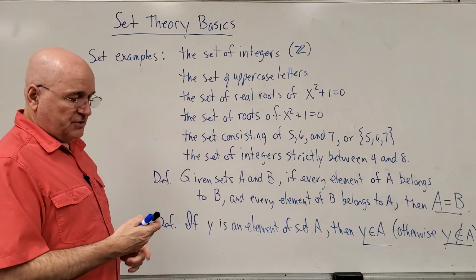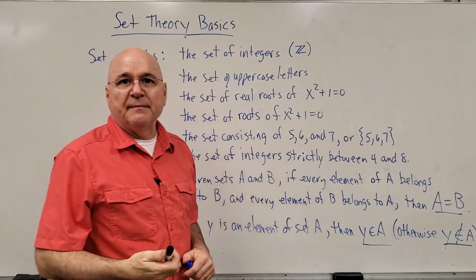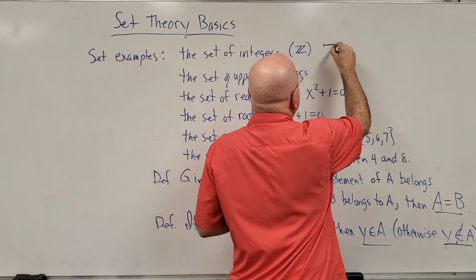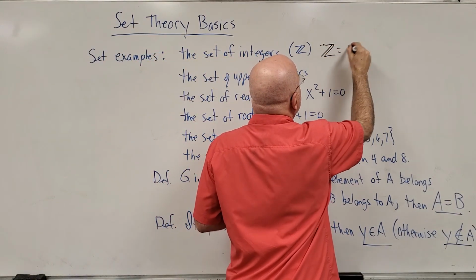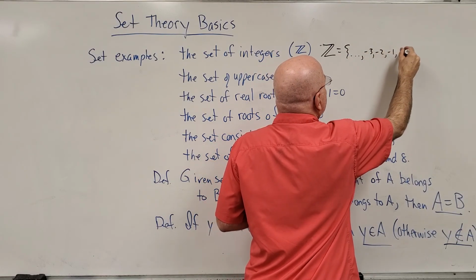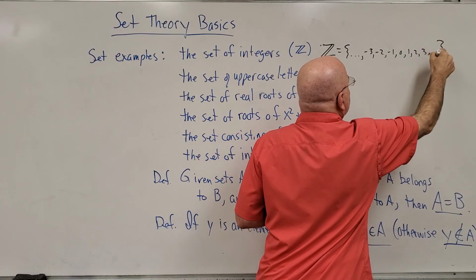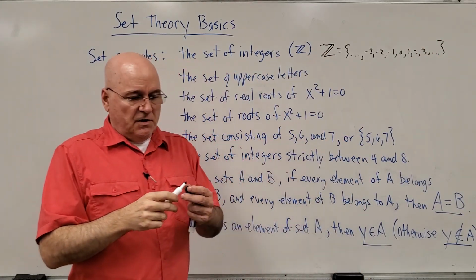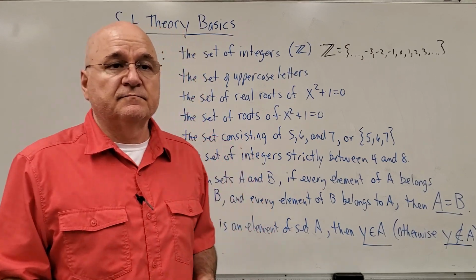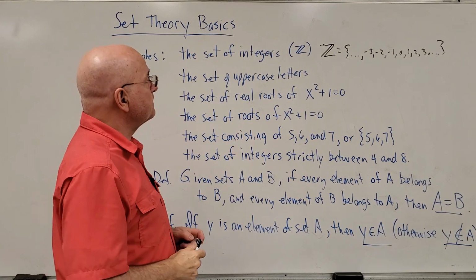The set of integers, and we frequently use this fancy Z to represent the set of integers. The set of integers is all positive and negative whole numbers, and it includes 0.